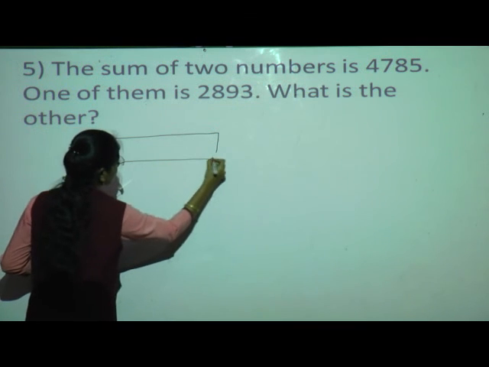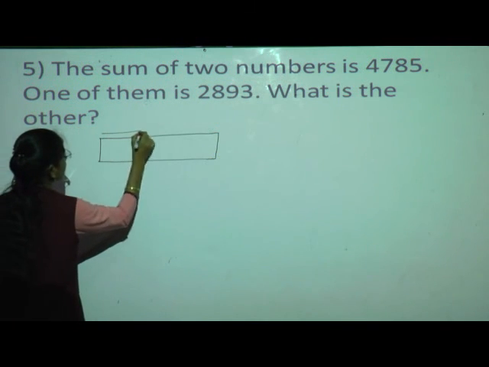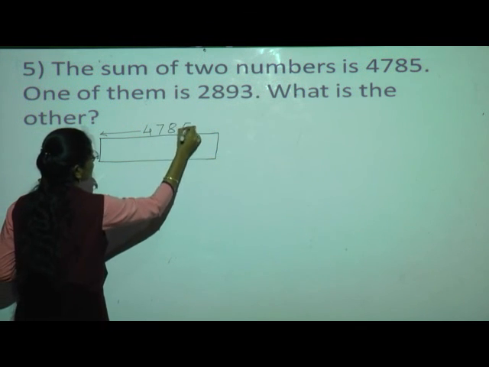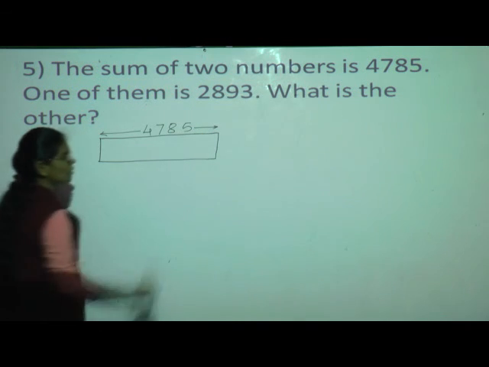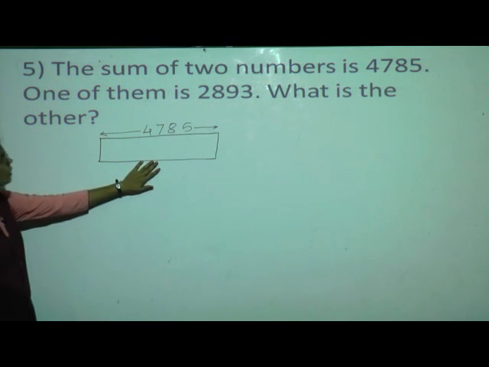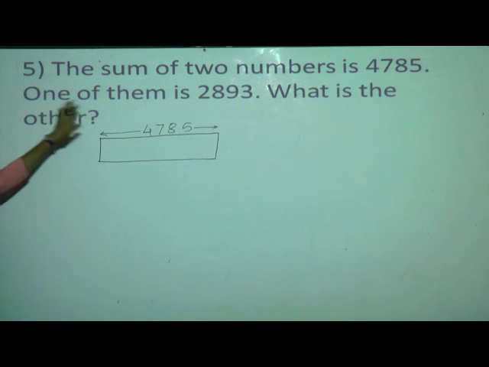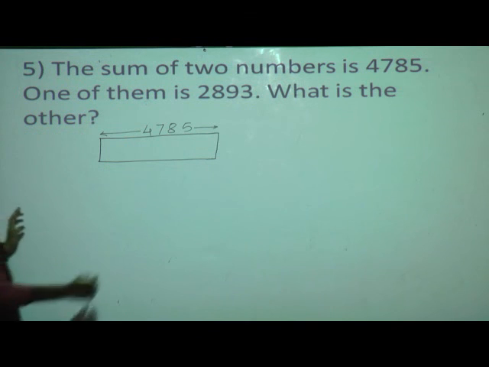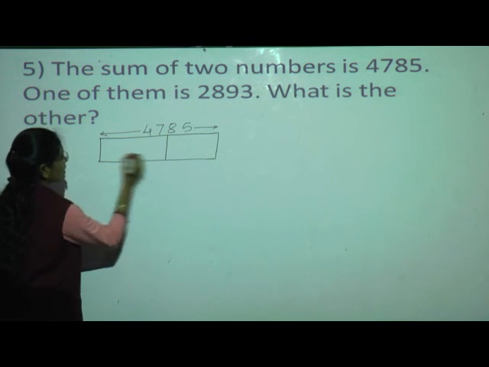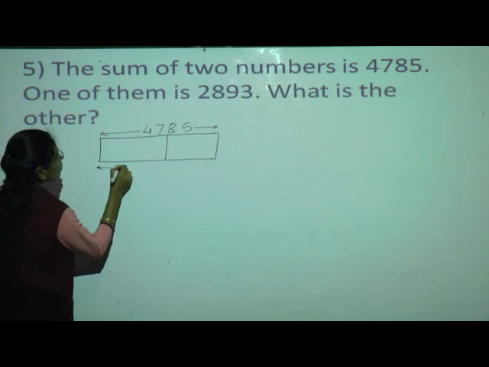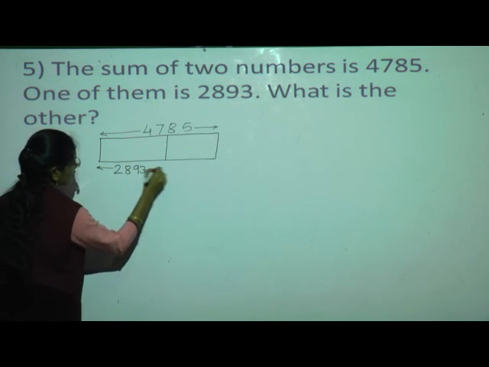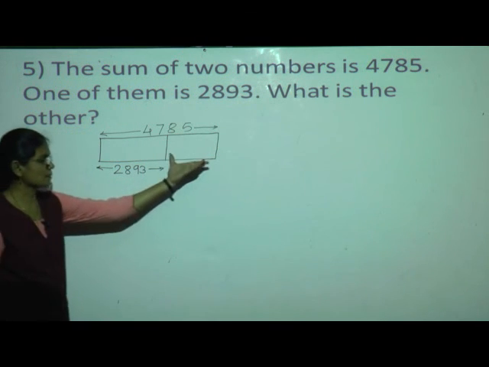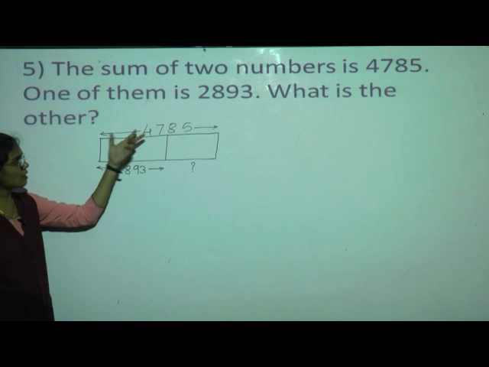Now see students, here I will draw one figure that you have to see carefully. Okay. Suppose this full is 4785. This is the sum of two numbers. Okay, and the next part is one of them is 2893. One of them means this much part, it is 2893. And what we have to do? We have to calculate this part. What is the sum of two numbers?